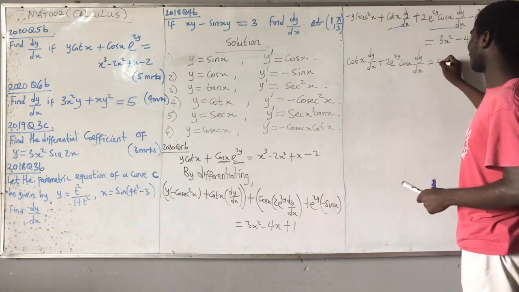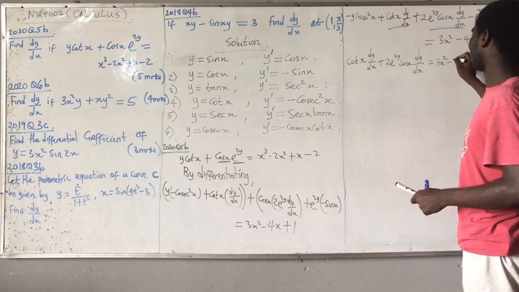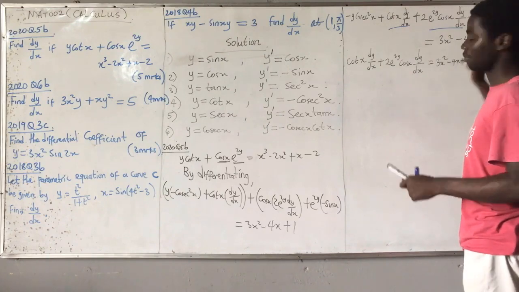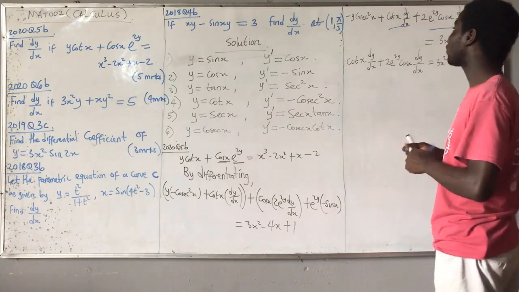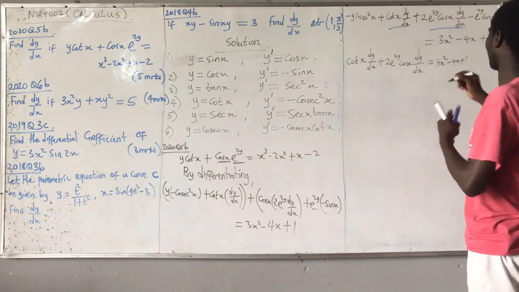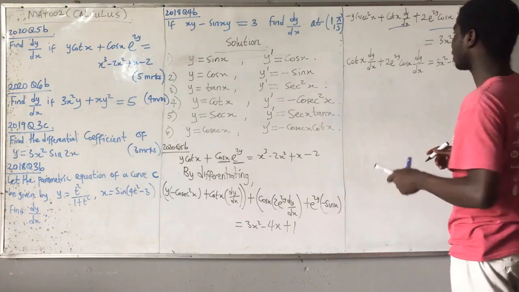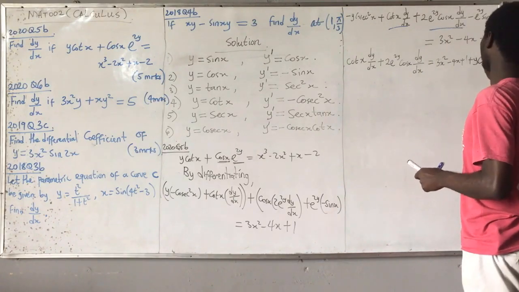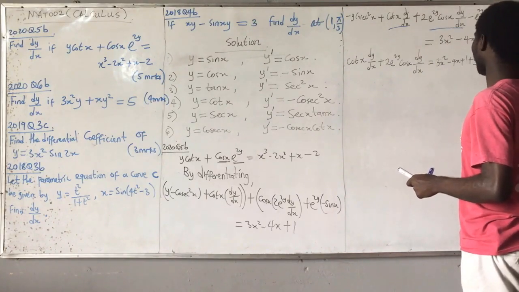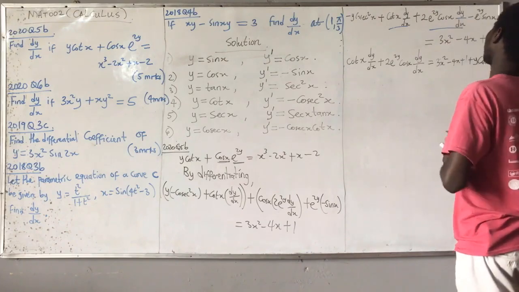But something is on the other side first. 3s squared minus 4s plus 1 is there before, right? So let this one come here to become plus y cosec squared s. Are you getting my point? That's what I will have.